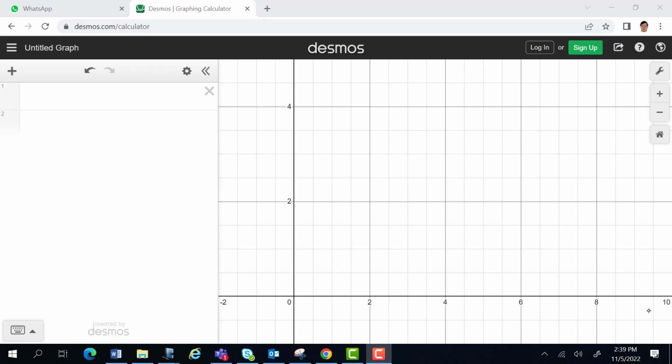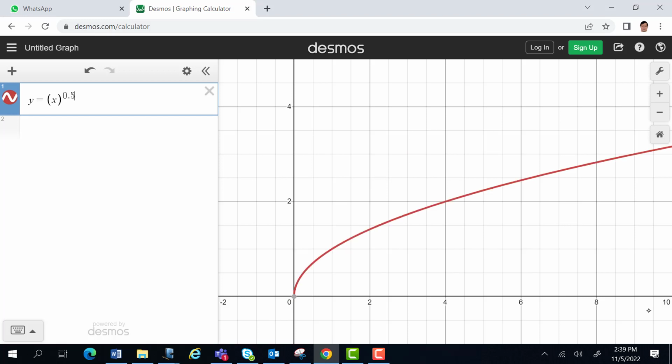The region R is bounded by the curve y equal to square root of x, so this is x power half. And then x equal to 0, this is a vertical line, a blue line, and y equal to 3.